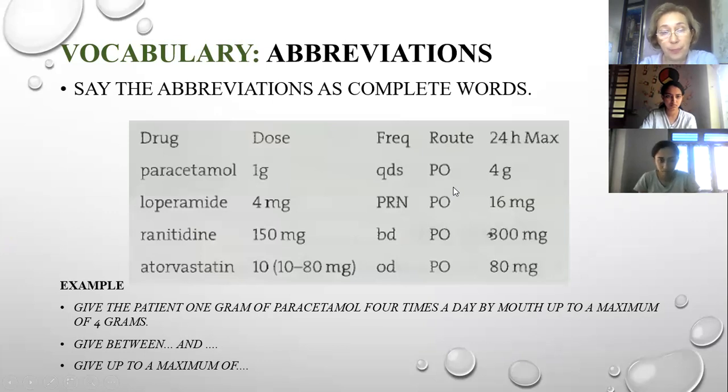in a chart, and you can see here the names of the headings of the columns, the names of drugs in the first left-hand column.